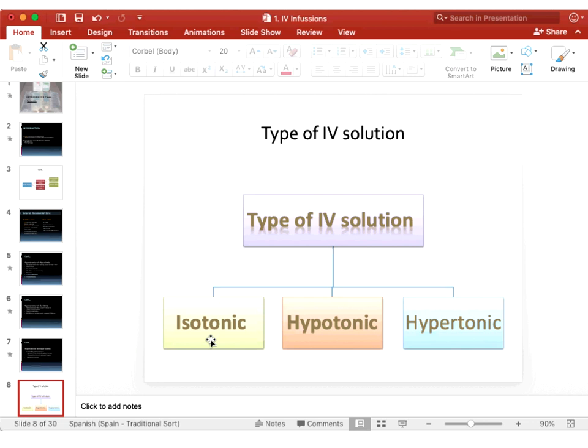Between 280 and 300. Well, these solutions that fall into this range of osmolarity, we're going to call isotonic. Now, those below the normal osmolarity range are going to be called hypotonic, and those above the normal osmolarity range are going to be hypertonic. Is this clear?